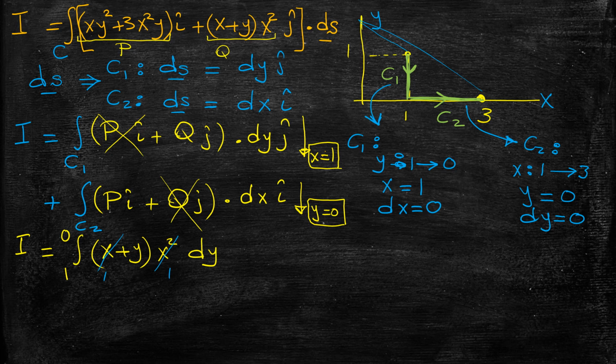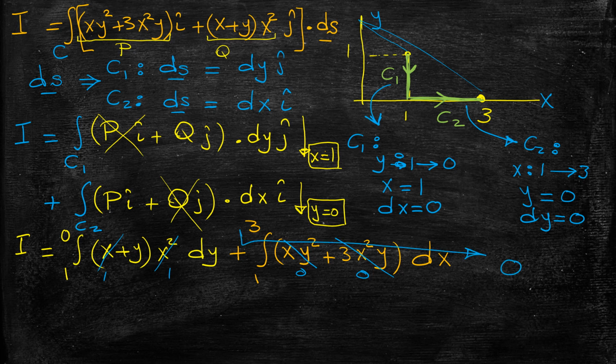The second term will be plus the integral of P dx. P is x y squared plus 3x squared y, and then integration with respect to x. X here is moving from 1 to 3, but don't forget that y equal to 0, so this term is 0, this term is 0. So this whole term will be 0.